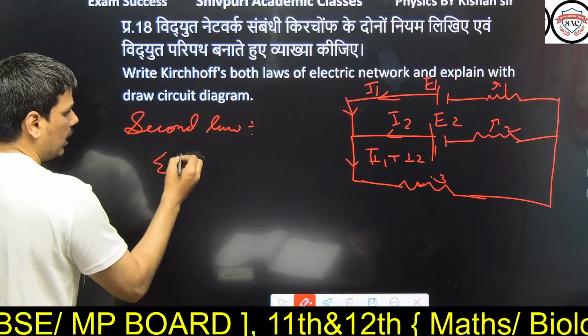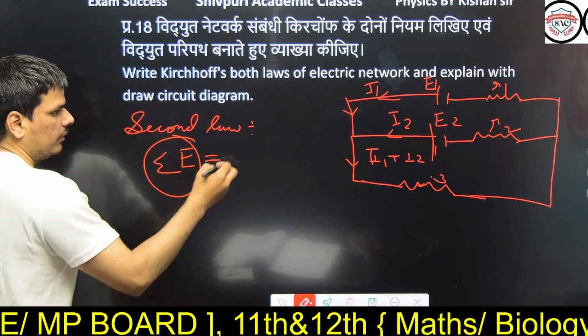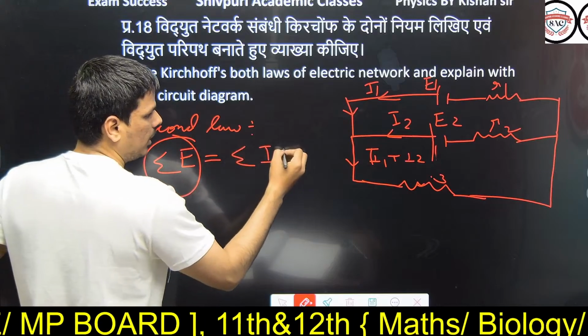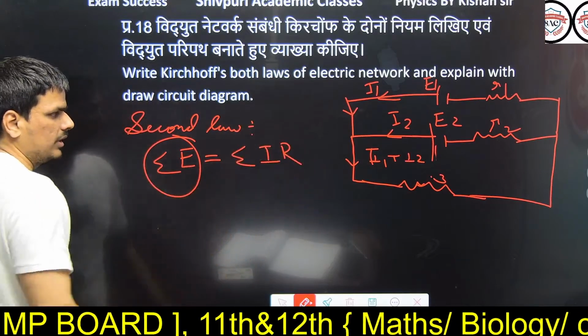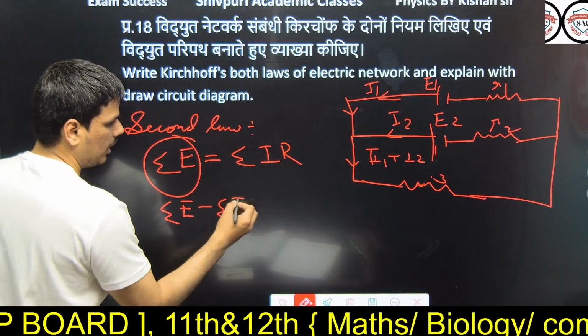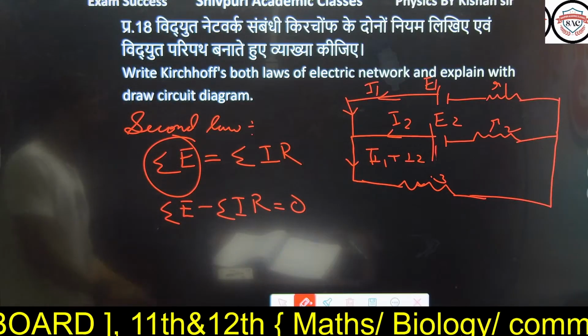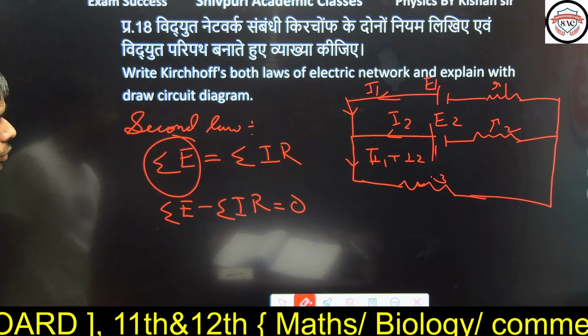So we could write it like this: sigma E, the total EMF, should always be equal to sigma IR, the resistance provided in it, or sigma E minus sigma IR equals 0. So this is our Kirchhoff's second law. We could also say it as the closed mesh loop.